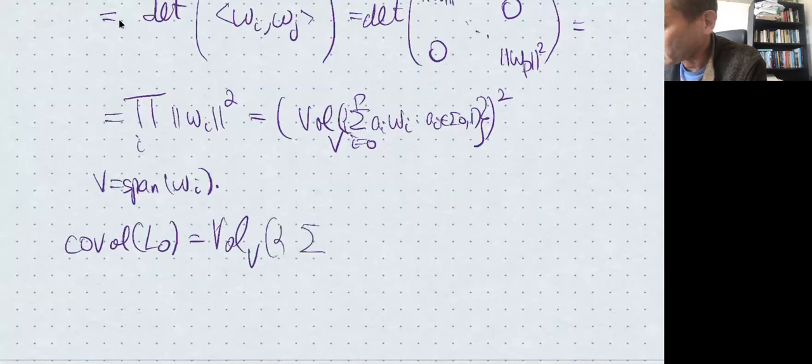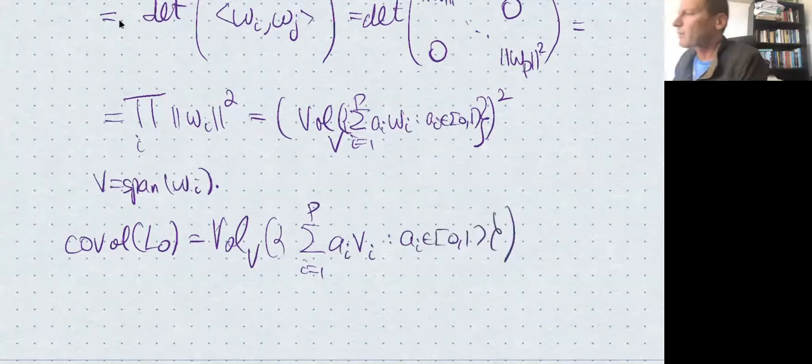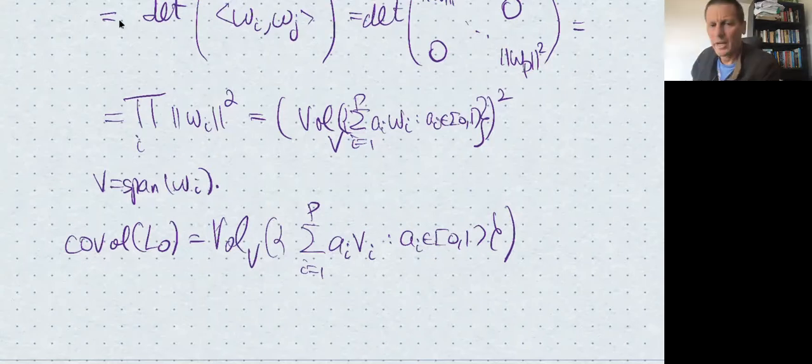Oops, this should have been a 1. But now this is a parallelepiped. It's not a box; the sides are not orthogonal to each other. But what we're going to do is compute this by doing the Gram-Schmidt procedure.